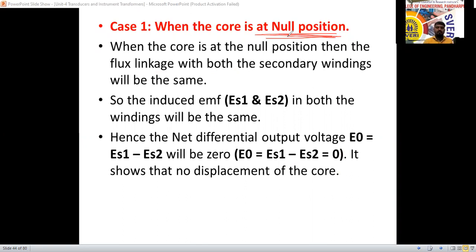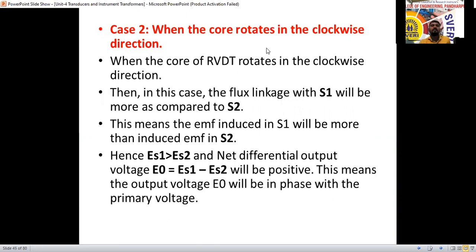Next, the second case I will take for the RVDT. When the core rotates in the clockwise direction. Every time I will draw the diagram. See here now. This is the core, the middle core is there. Here S1 is there, and here S2 is there.